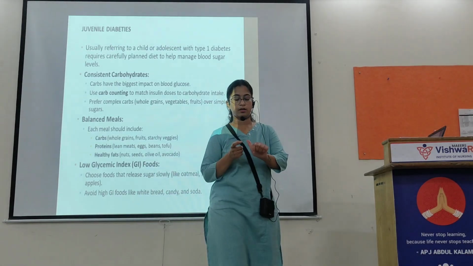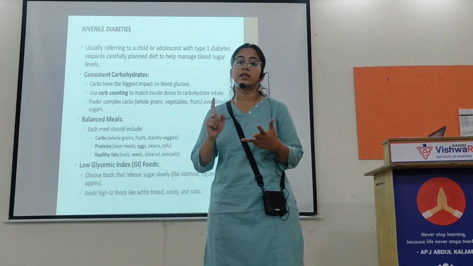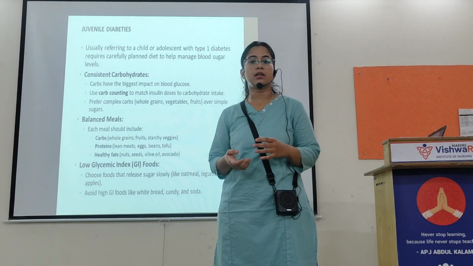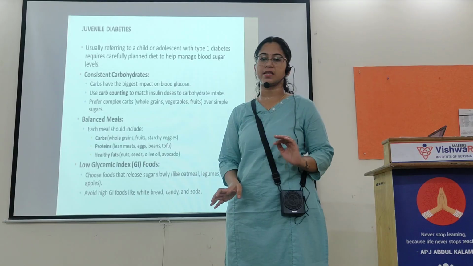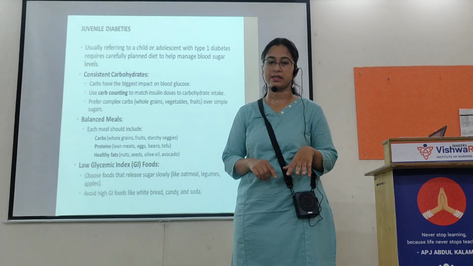So usually gehu, then ragi, bajra, then other millets, also the pulses like moong dal, chawli, chole, rajma have a very low glycemic index. So you have to include pulses, legumes and the cereals in that child's diet.